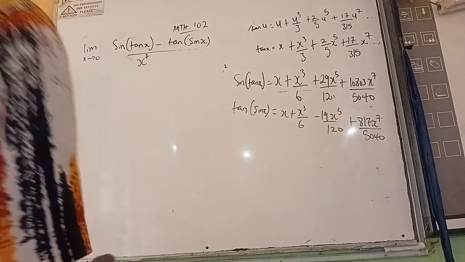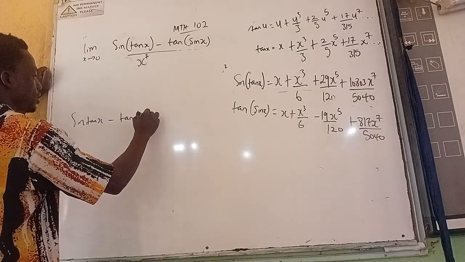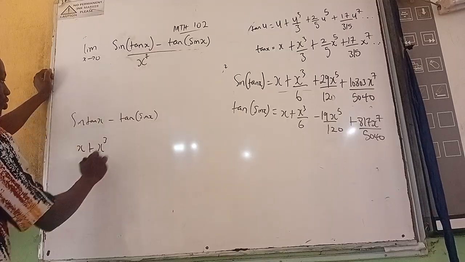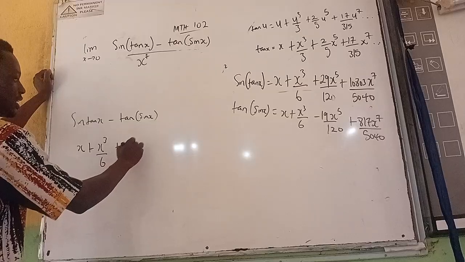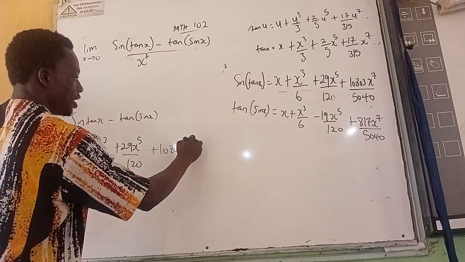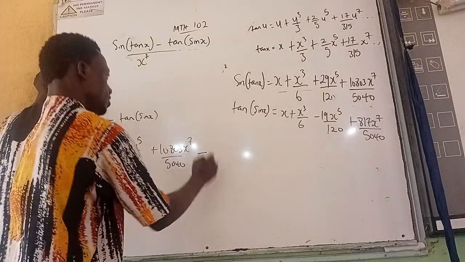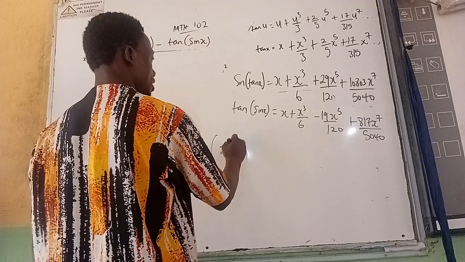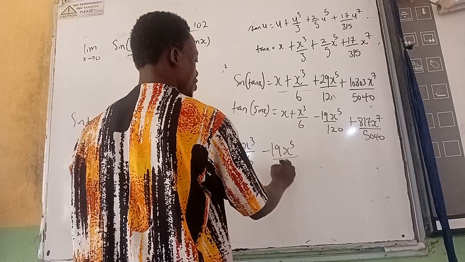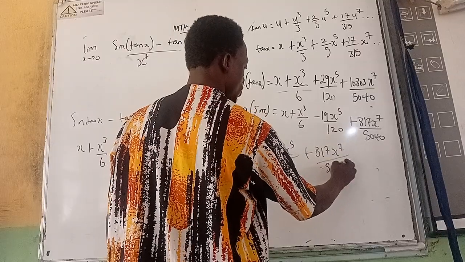Now, sine tan x minus tan sine x is going to give us x plus x cube over 6 plus 29 x5 over 120 plus 10803 x7 over 540, minus tan sine x, which is x plus x cube over 6 minus 19 x5 over 120 plus 8817 x7 over 5040.